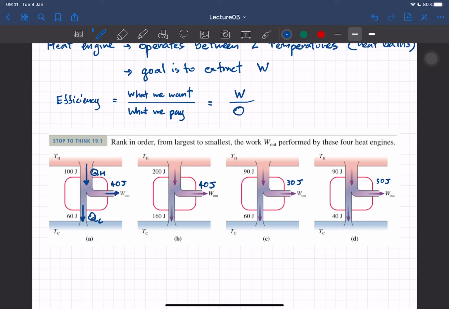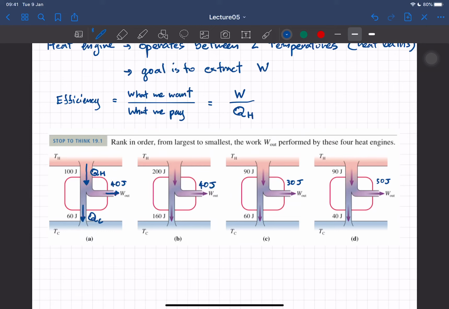So what we pay is QH. So this is a very simple definition of efficiency of a heat engine. And using this, you can calculate the efficiency of each one using this formula.